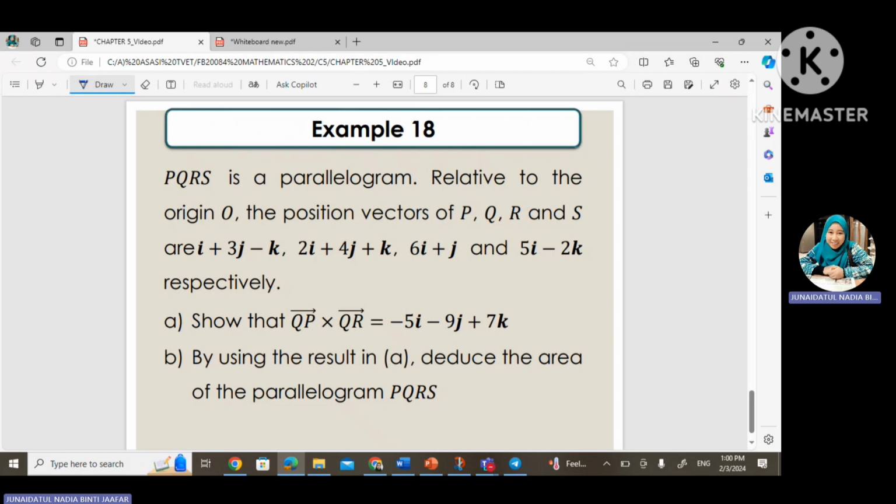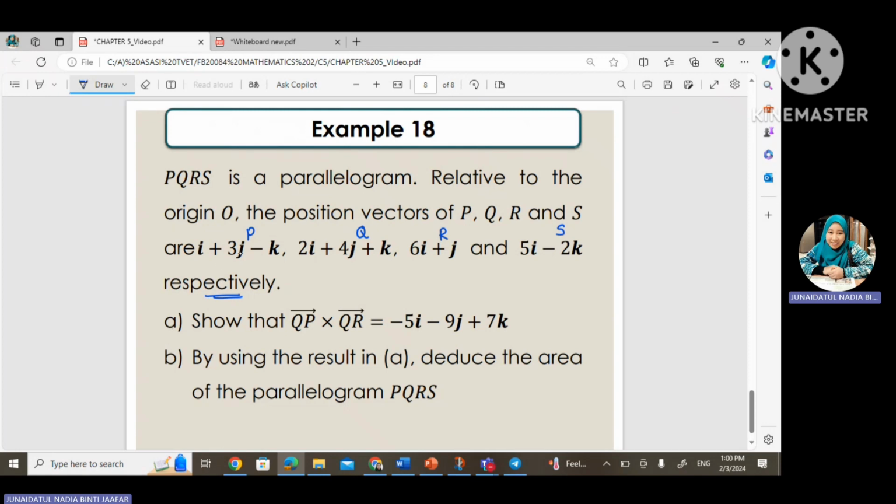Given the position vectors of P, Q, R and S, this one is for P, this one is Q, this one is for R, and the last one is for S because of the word respectively.